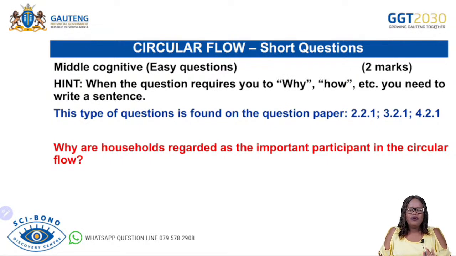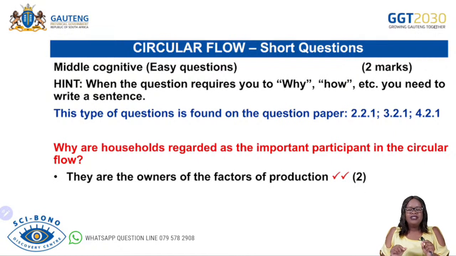Now, good people, when you speak about the households, Mrs. Mofokeng did mention it quite a number of times that households are regarded as the primary owners of the factors of production, and that is what makes our households the most important participant in the circular flow.